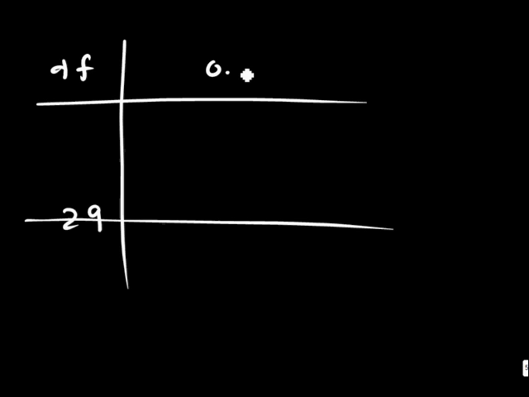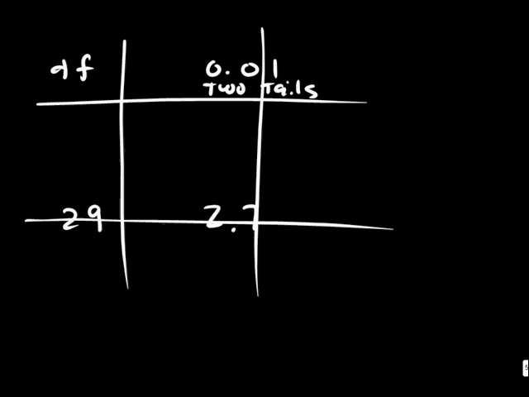Looking at our t table, we need row 29, column 0.01, 2 tails. Estimation is always 2 tails. What we find is 2.756. That means t alpha over 2 is 2.756. This is what we use in our error formula.